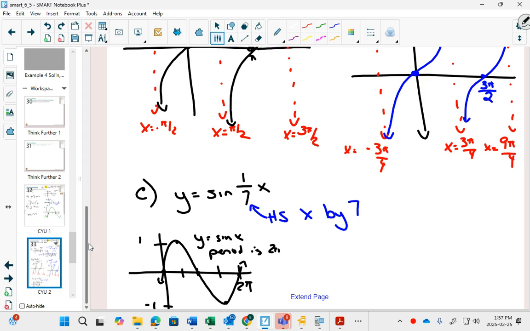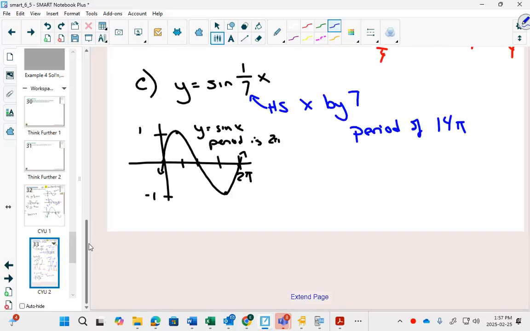If you multiply your x's by 7, does it make sense that your new graph is going to have a period of 14 pi? The original period was 2 pi. We stretched it horizontally by multiplying everything by 7. But instead of having to multiply each individual point by 7, we use the following shortcut. We just label 14 pi as one period.